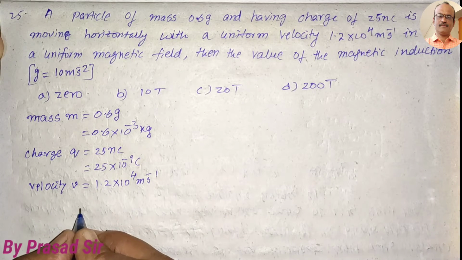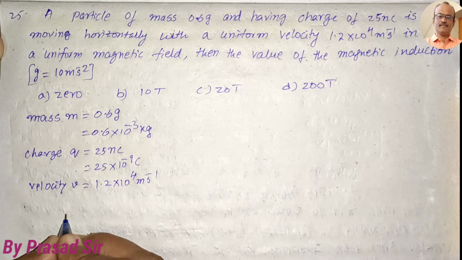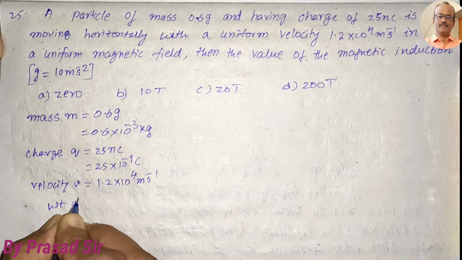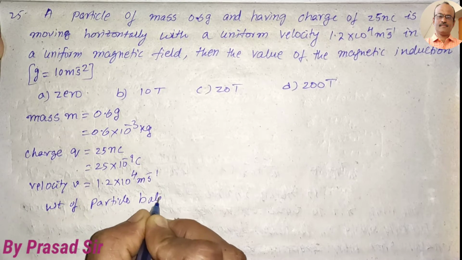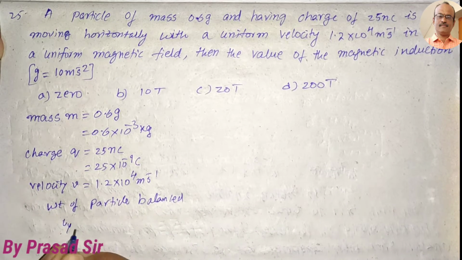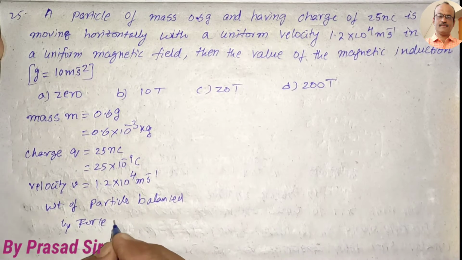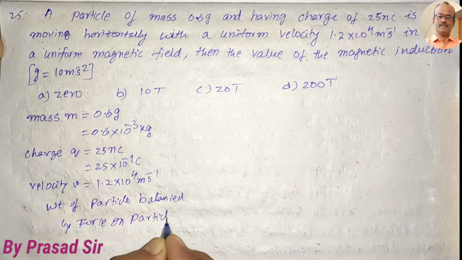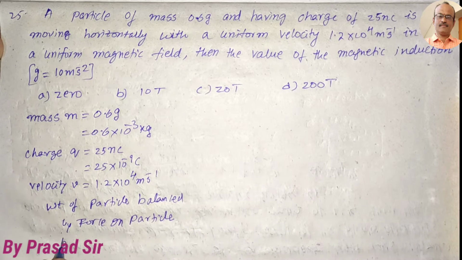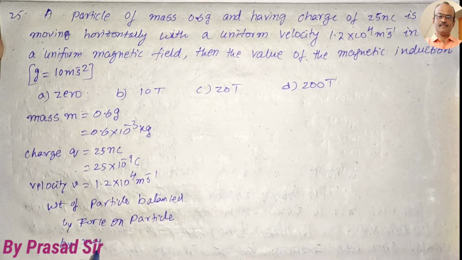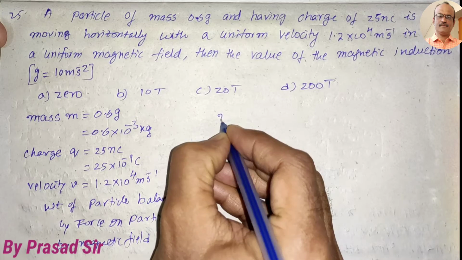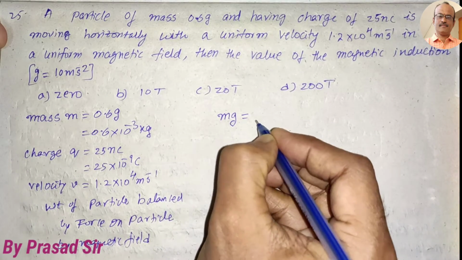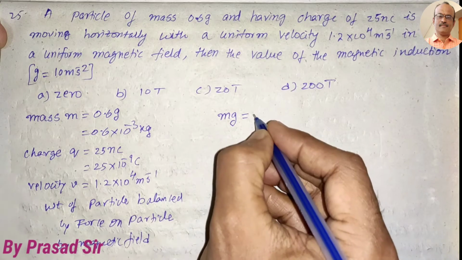When the magnetic field is uniform, the acceleration becomes 0. So what happens in this case? The weight of the particle is balanced by the force on the particle by the magnetic field.